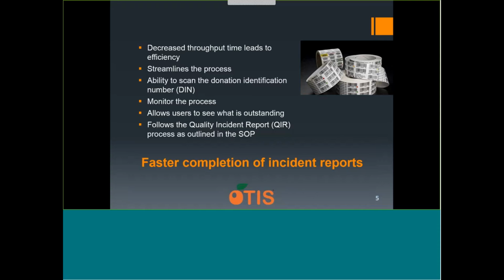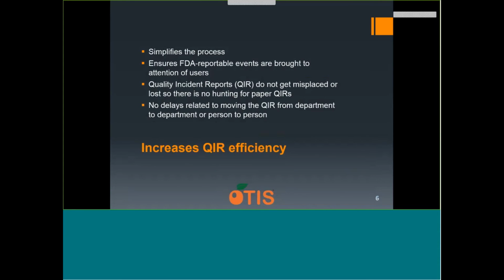Now the next area that I wanted to talk about is increasing QIR efficiency. As I said before, it simplifies the process and it ensures FDA reportable events are brought to the user's attention. Depending on the number of QIRs generated, which is a quality incident report, an FDA reportable event can sometimes fall off the radar.